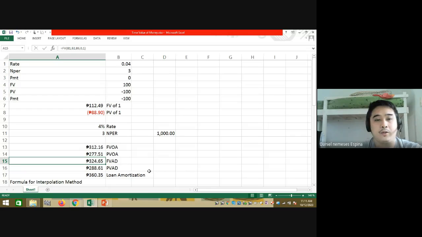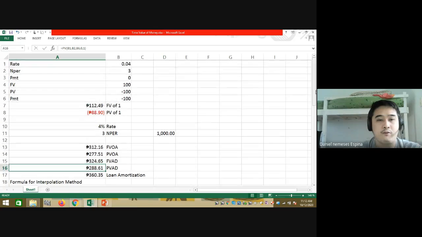Again, the formula is the same. However, the only thing we change is the type. So the rate, NPER is 3, payment is negative 100, PV is 0, type is 1 because the annuity due is at the beginning of the period. Close parentheses, enter.